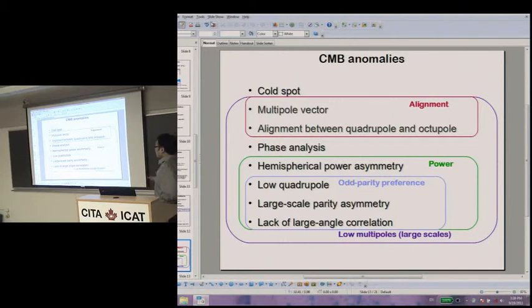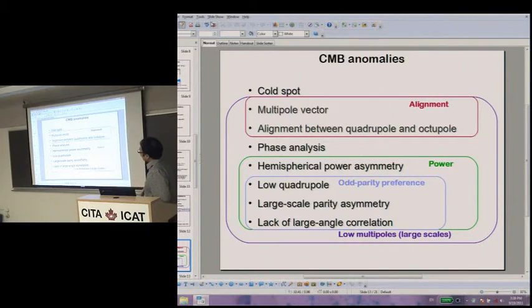And why are low multipole, large angular scale anomalies important? Because they are more related to the very early universe, and we can test statistical isotropy or homogeneity. We can extend our assumptions to larger scales. So these are very important, but there are a lot of systematics because of foreground masking.